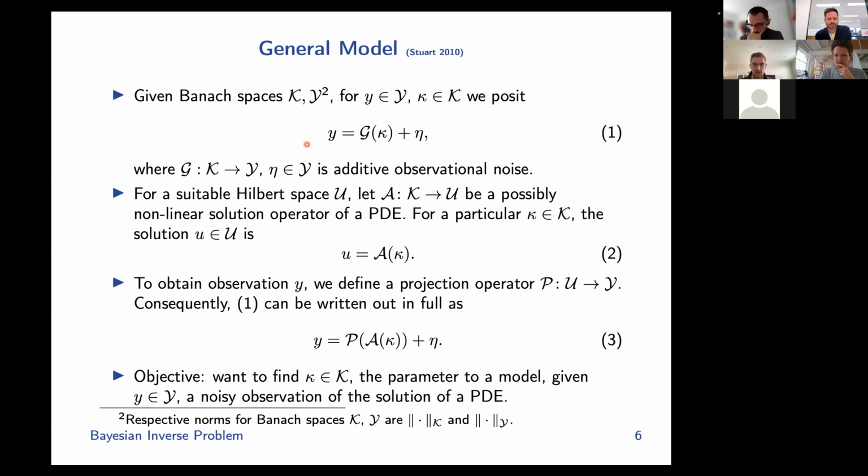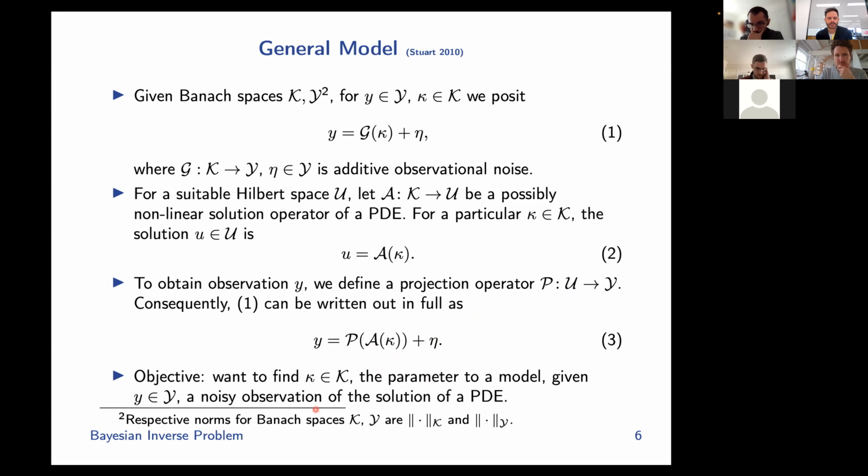So equation 1 can be expanded into this form, where A is the solution of a PDE for a particular parameter kappa, and then we have the projection operator, and then we have the noise.